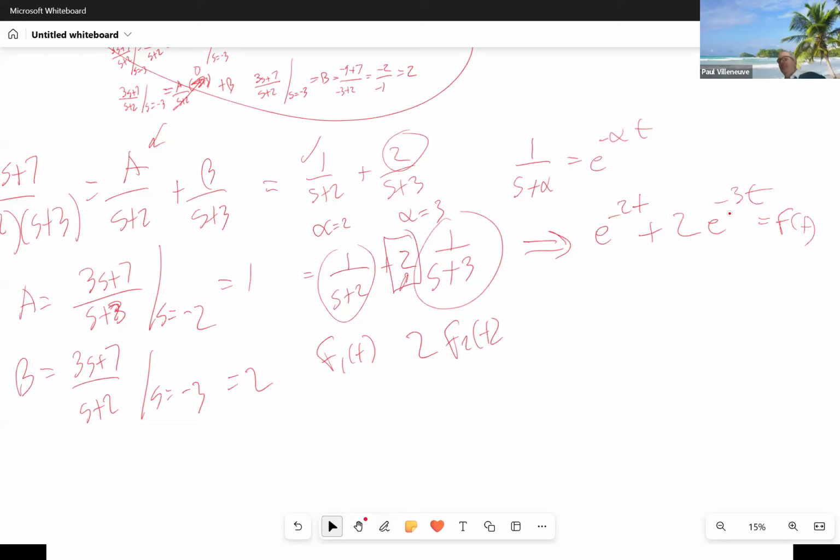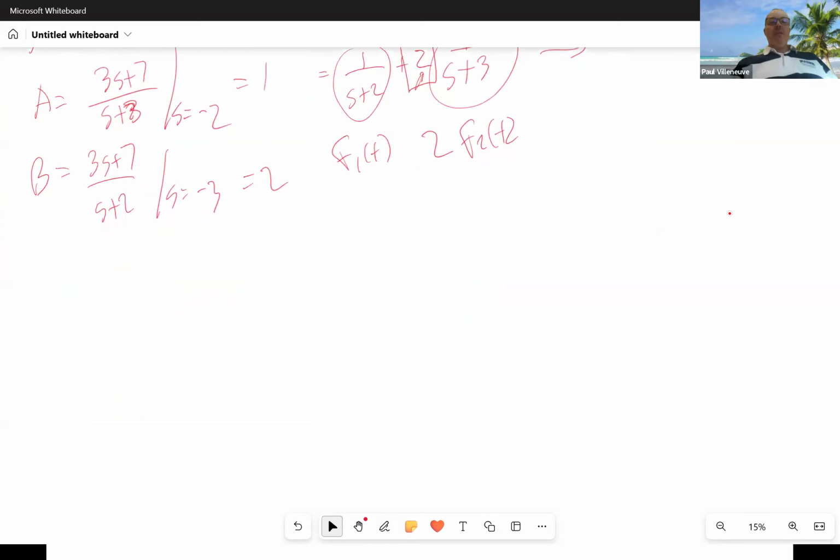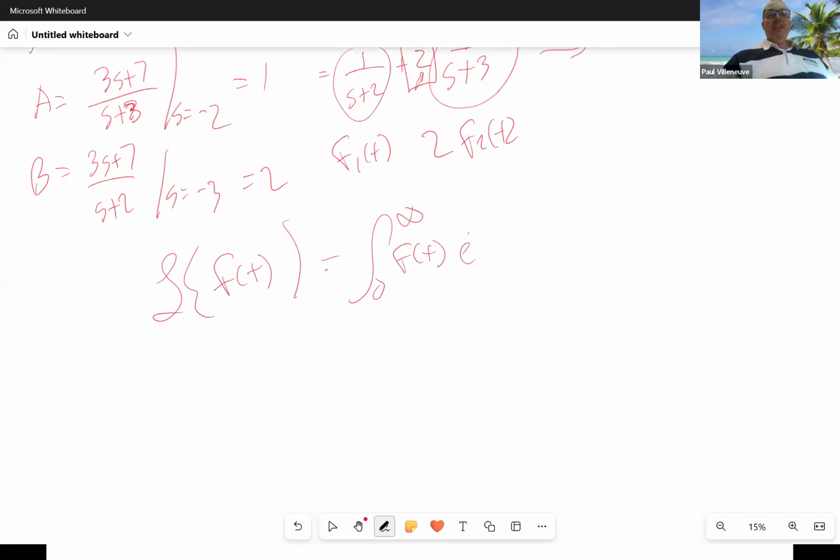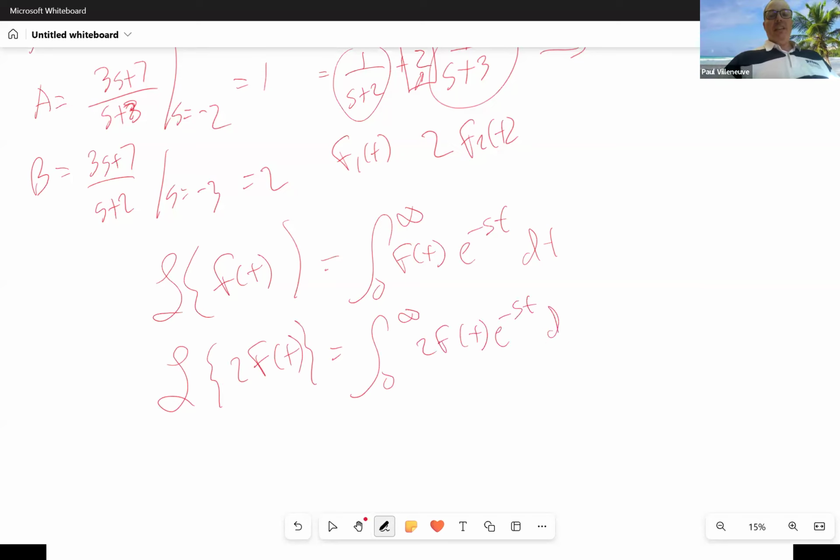It's just a constant. And you can check it because remember, the Laplace transform of f of t is equal to the integral from 0 to infinity of f of t, e to the minus st dt, right? That's the definition. I can take the Laplace transform of 2 times f of t. That's going to be equal to the integral of 2 f of t, e to the minus st dt.